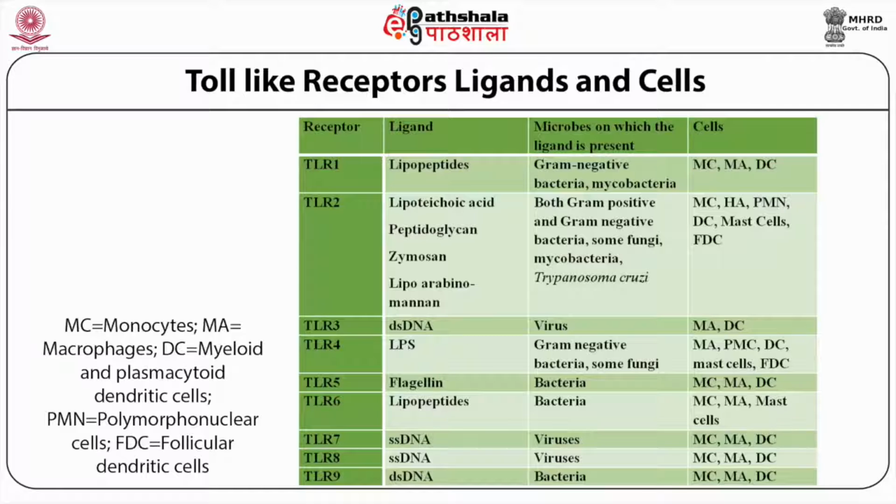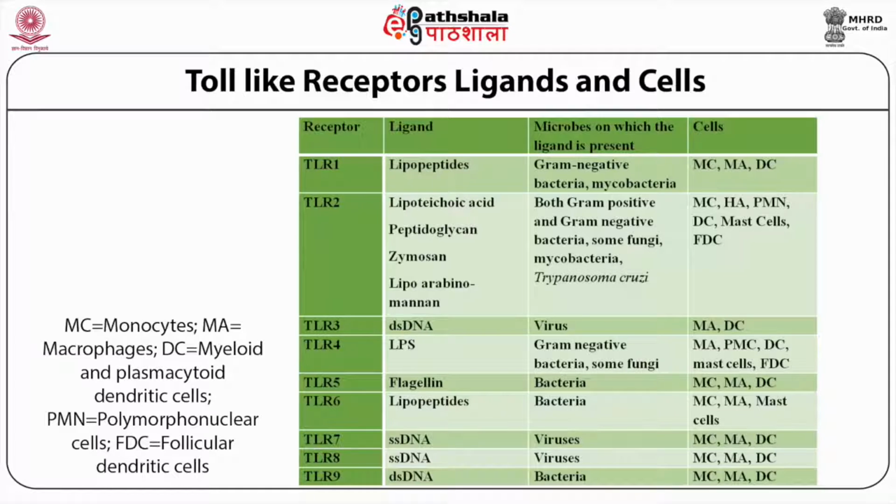TLR10 is also known as CD290. This has also been reported. Its ligands are less understood, they are not so well identified, but what is known is that its cellular distribution is on the plasmacytoid dendritic cells.